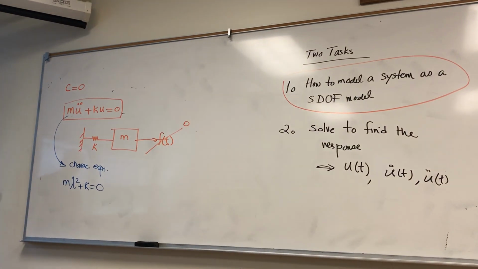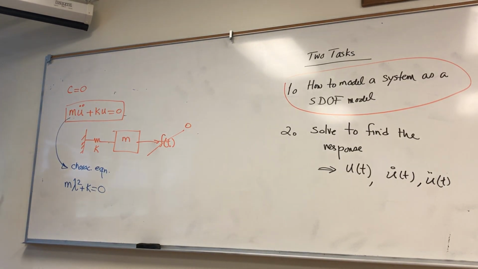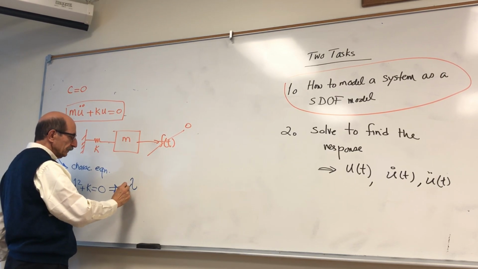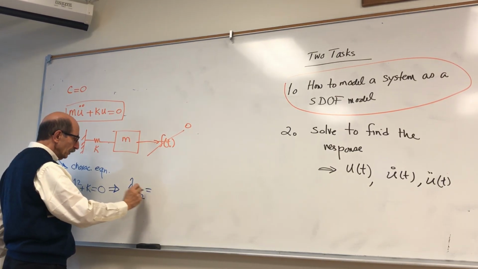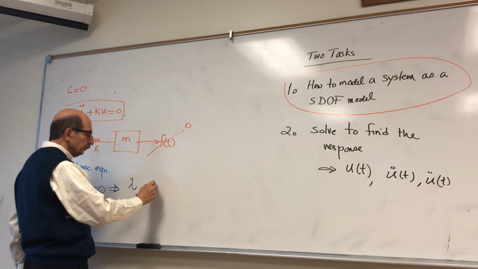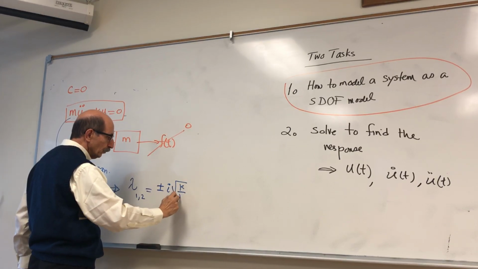If you remember from the differential equation, I'm not going to get into the details of that. The solution is an exponential function, so you assume a general exponential function, substitute that, equate that to 0 and so on, and it results in this. So from here you need to find the roots of this, that is lambda 1 and 2, which obviously you can see would be complex, plus and minus i square root of k over m.